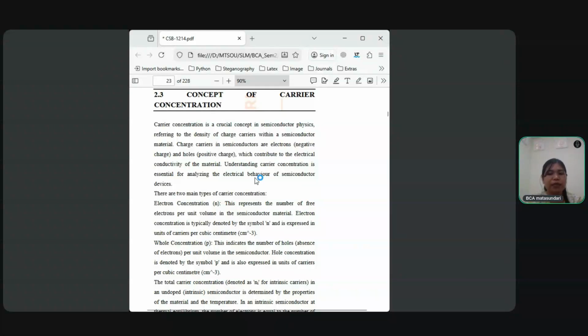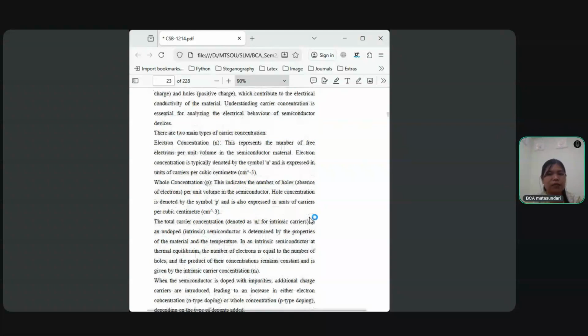There are two main types of carrier concentration. One is electron concentration, denoted by n. This represents the number of free electrons per unit volume in the semiconductor material. Next is hole concentration, denoted by p.